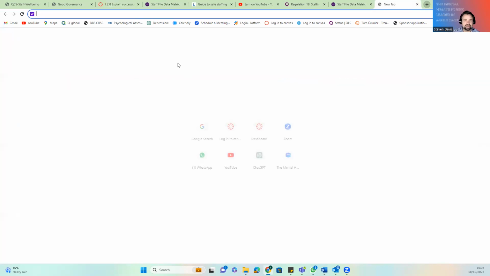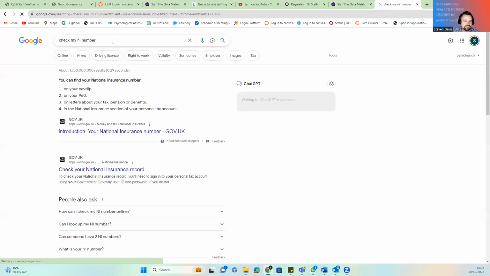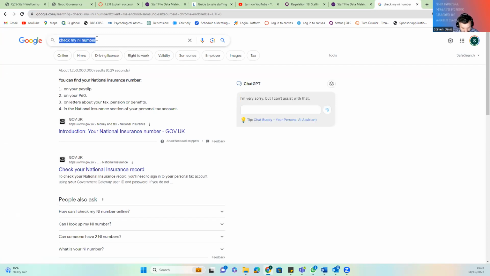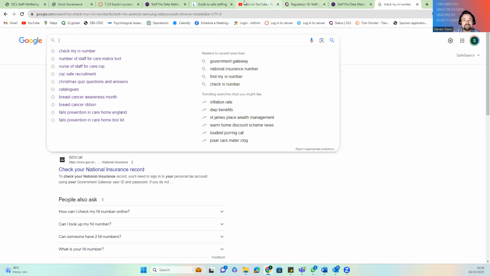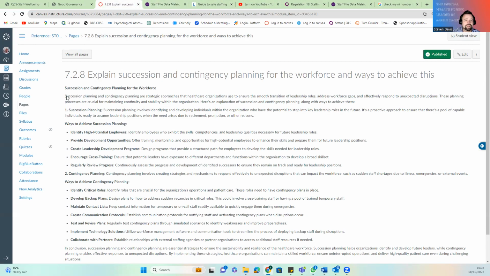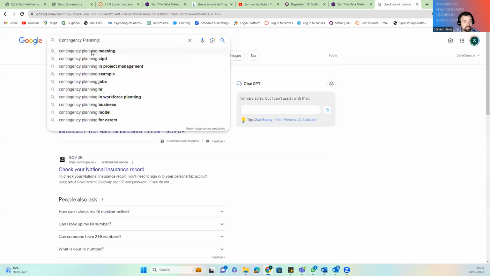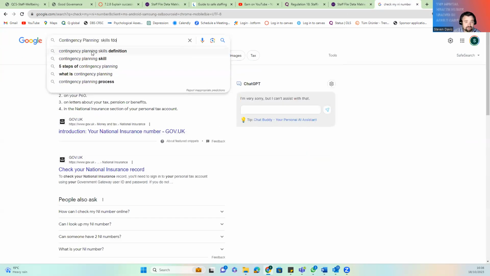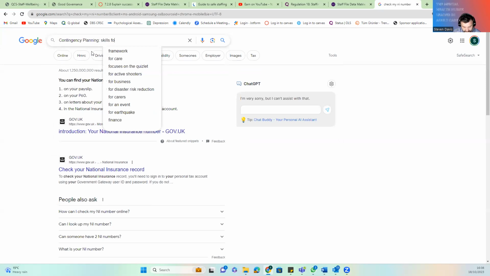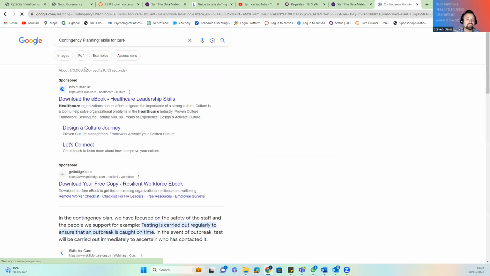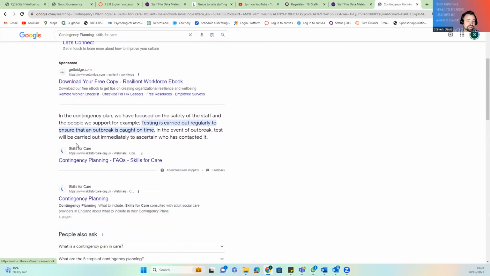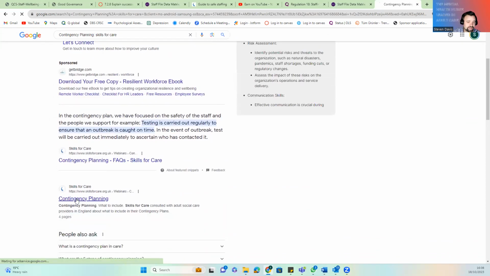If you go to contingency planning, bear with me, we're going to look at ways to achieve contingency planning. Contingency planning, skills for care. There we are. Contingency planning skills for care.